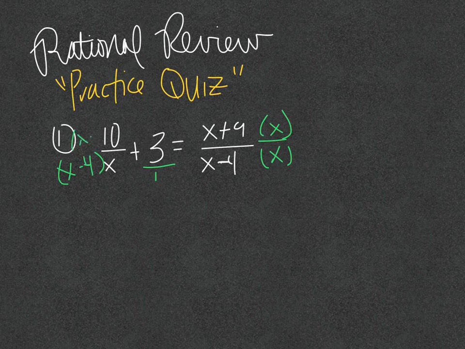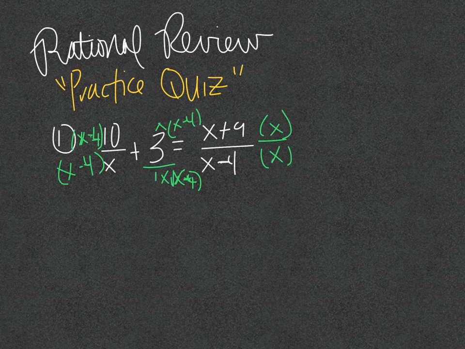Sorry, it's a little hard to write on here. And then 3, of course, is going to need to have both. It's going to need to have an x and an x minus 4. That looks rough. Oh well. Okay, so now they have common denominators all the way across.